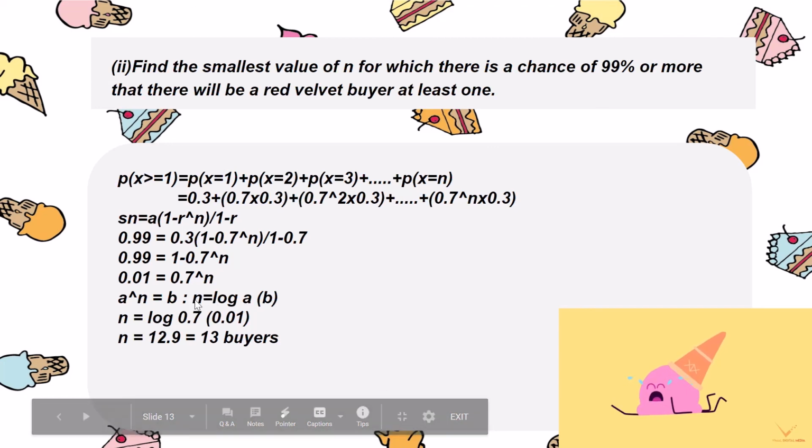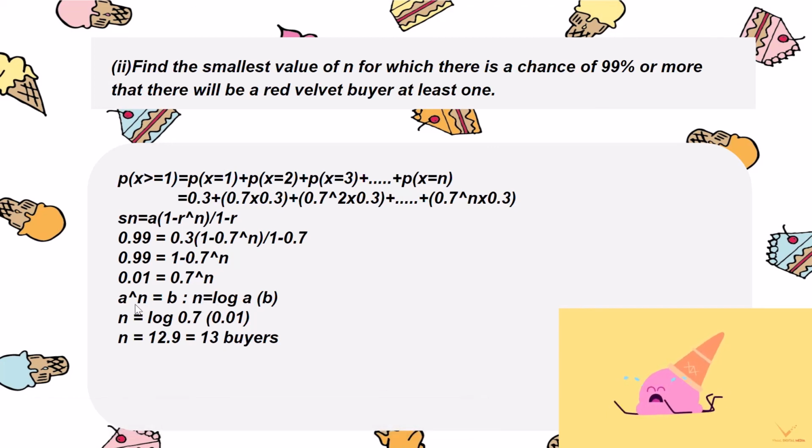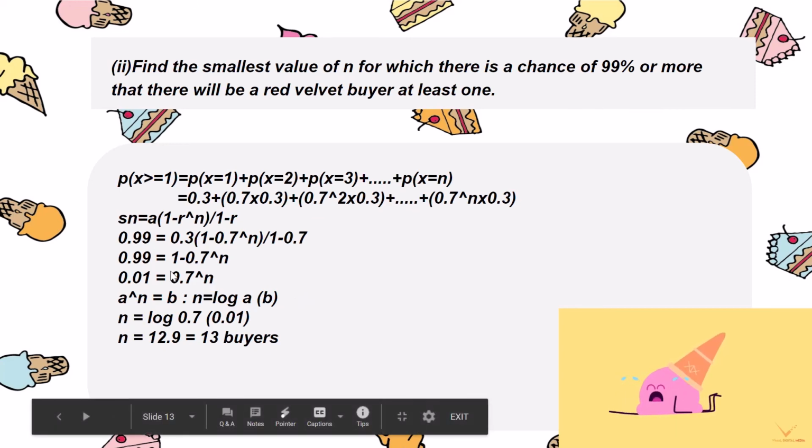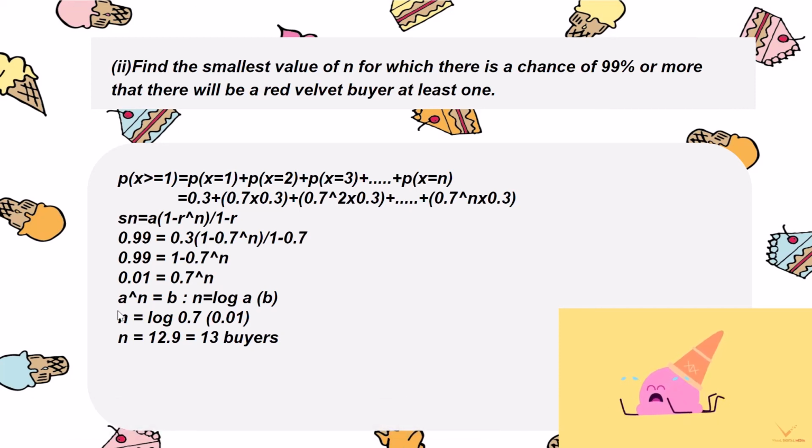And the formula of logarithm is a to the power of n equals b, and in logarithm to find n, we can write n equals log base a of b. Here, a is 0.7, as in the equation a to the power of n, so we write 0.7 here. b is the equivalent value, which is 0.01.